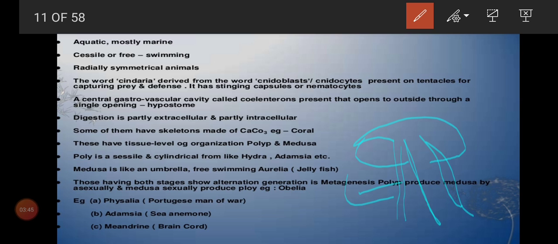What is the spelling for tentacles? T-E-N-T-A-C-L-E-S.